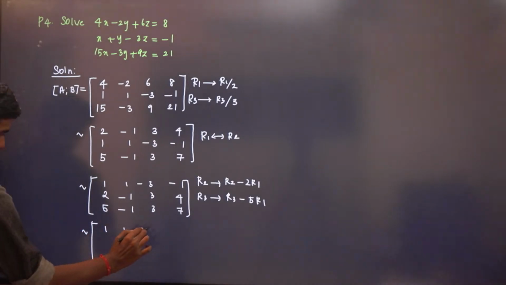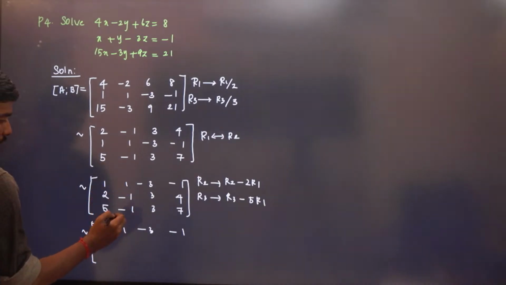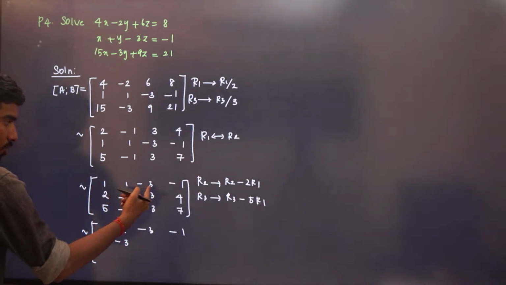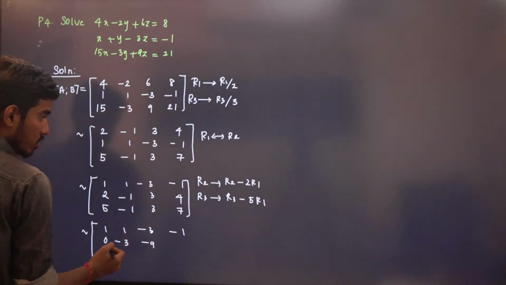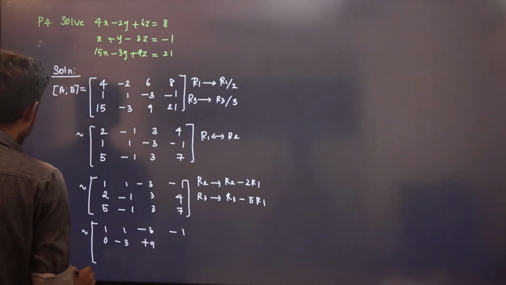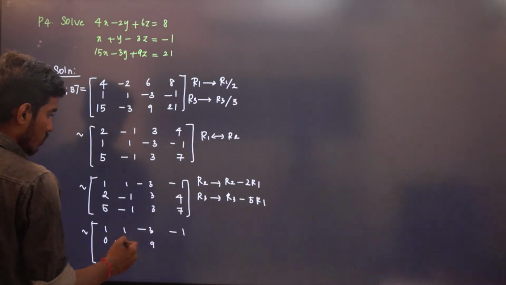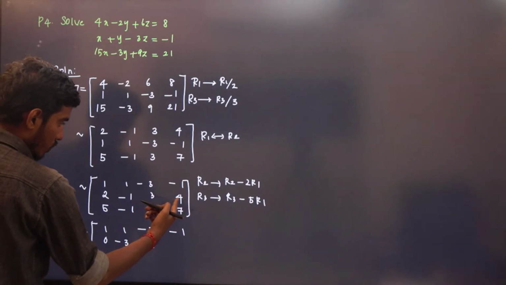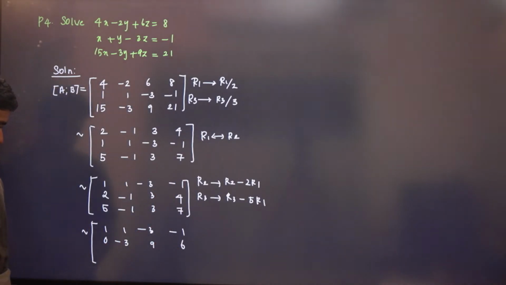So this is 1, 1, minus 3, minus 1. So multiply by 2 and then subtract. You multiply 2, 1 minus 2 is minus 3. You multiply 2, 3 minus 6 is minus 9. 3 plus 6 is plus 9, right? Then 4 minus 4 plus 2, 3 plus 6.